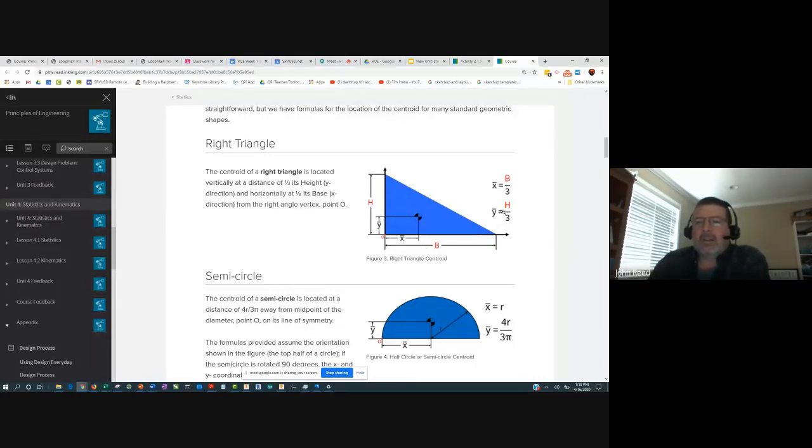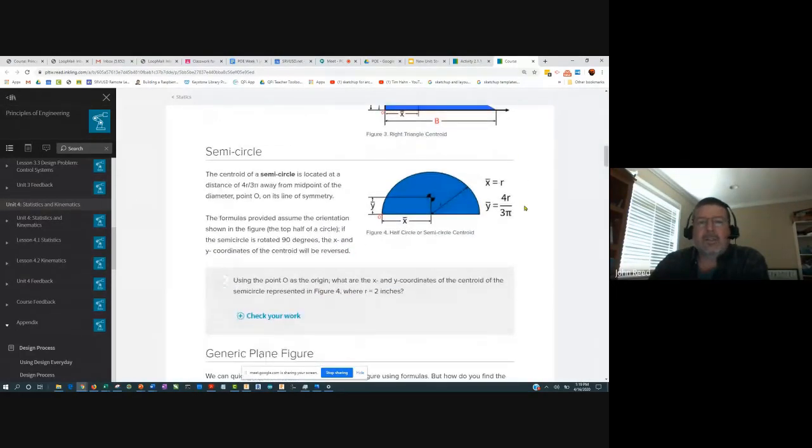But it turns out that the centroid of this right triangle is a third of the way out of the base and a third of the way up the height from the right angle vertex. You can derive that using calculus. We're not going to do that. We're just going to keep this in our notes and know that if we have something that's shaped like a triangle, then we can just use this formula.